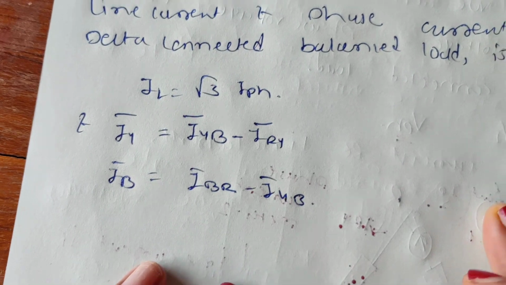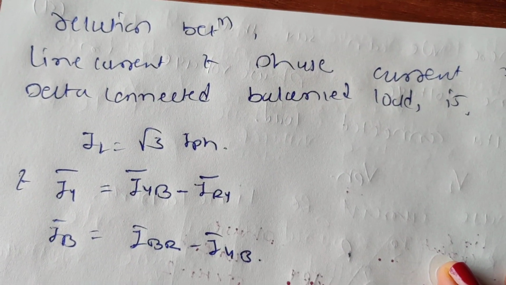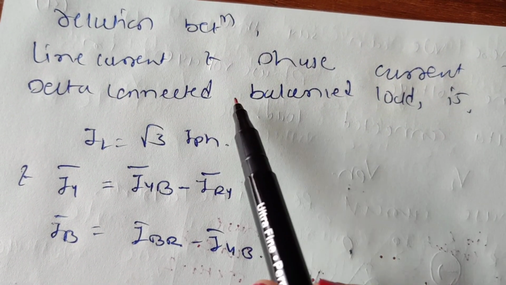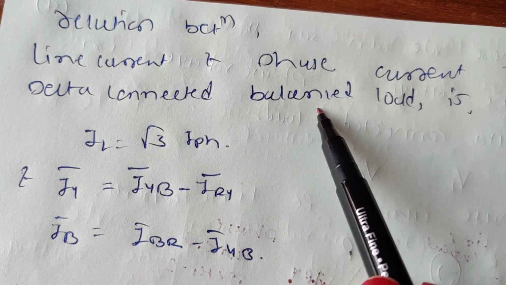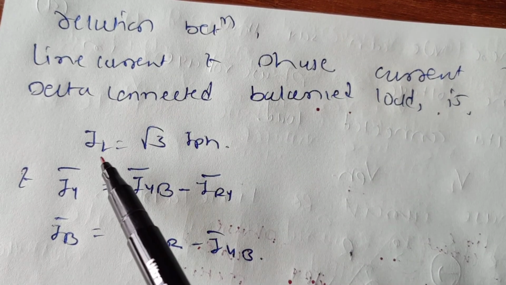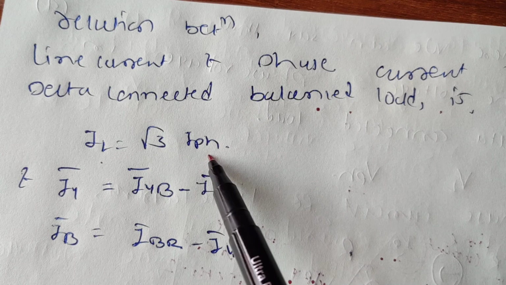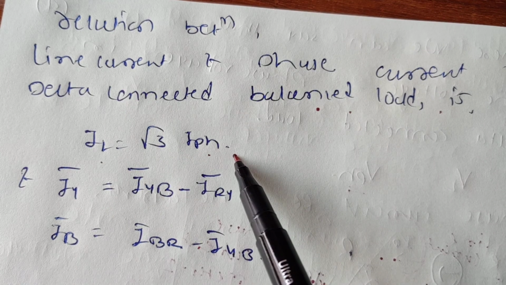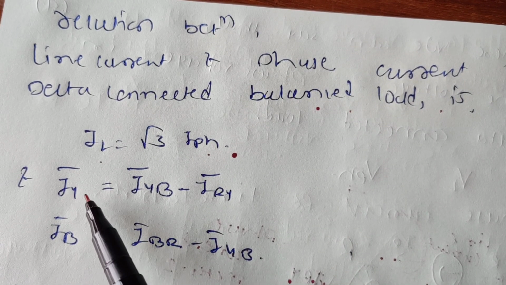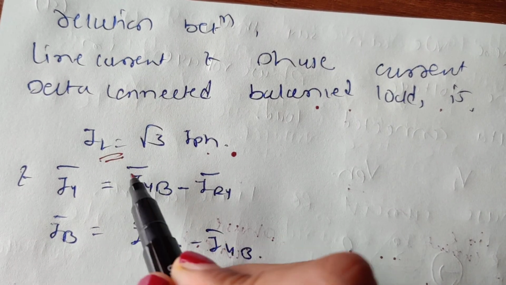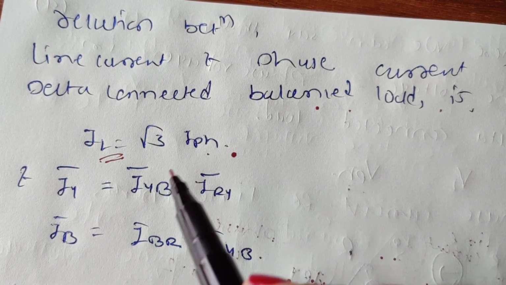Now if I want to establish the relationship between the line and phase current in a delta connected balanced load, IL is equal to root 3 of IPH. So I can say that this value of current IL is root 3 of IPH.